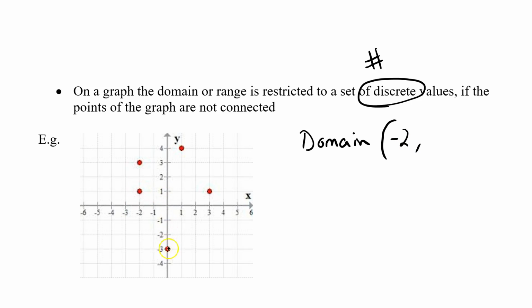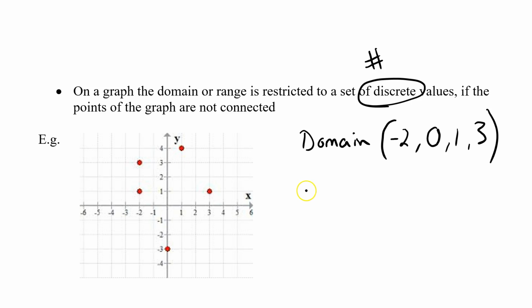I've got points falling at 0 on the x-axis. I've got a point falling at 1 and at 3. So my domain for this graph is -2, 0, 1, and 3. Those are the values on the x-axis where I'll find my points. I'll find 2 of them here, 1 at 0, 1 at 3, and 1 at 1.